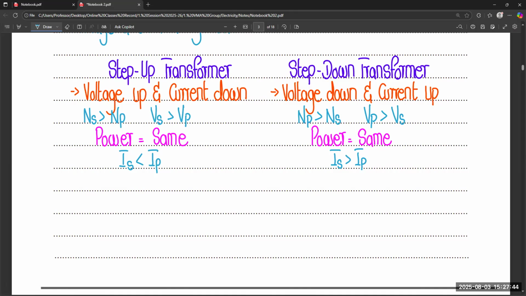And if we talk about the usage of this type of transformer, we connect a step up transformer after the AC generator, before transmission.